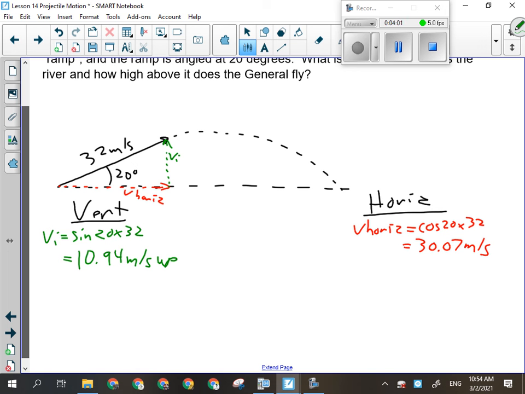Now, the generally flies through the air, lands on the ground over here, at the same height it was launched from. So what's its final vertical velocity? Right, 10.94 meters per second down.